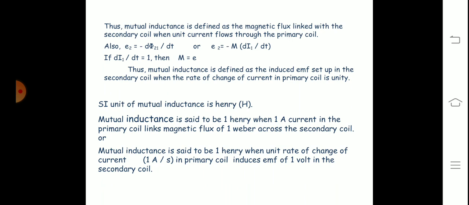Both definitions are similar for mutual inductance and self-inductance. The difference is that in self-induction the change of current is in that same coil, while here we take the change of current as 1 ampere per second in the neighboring coil. So this is the only difference.